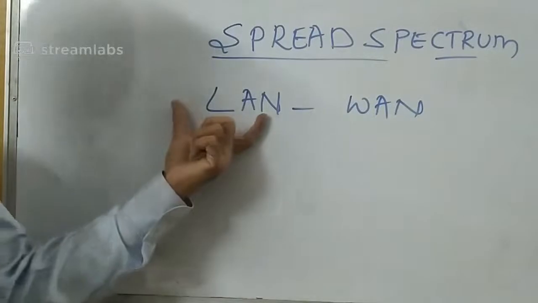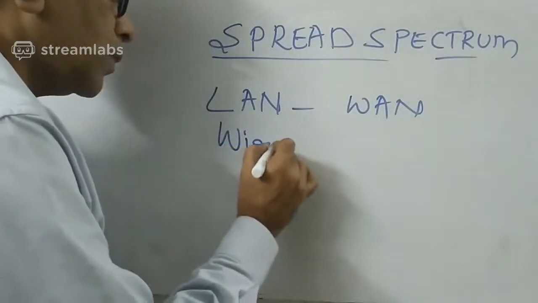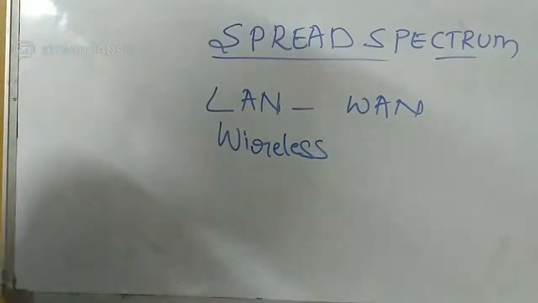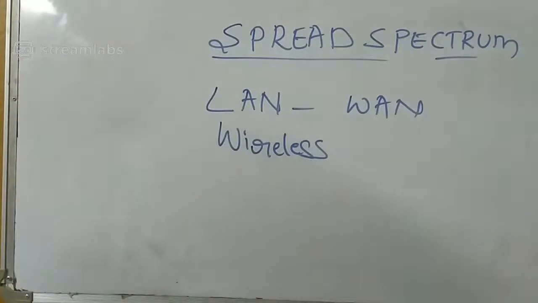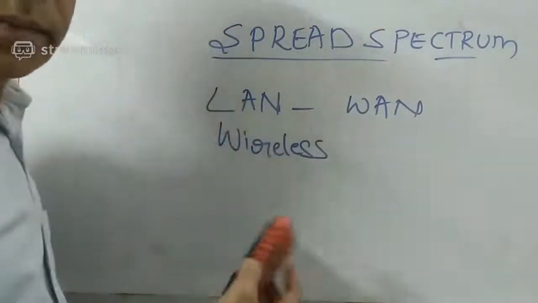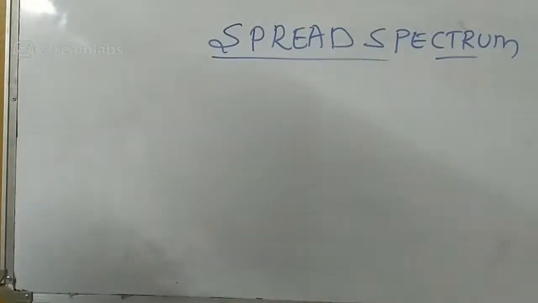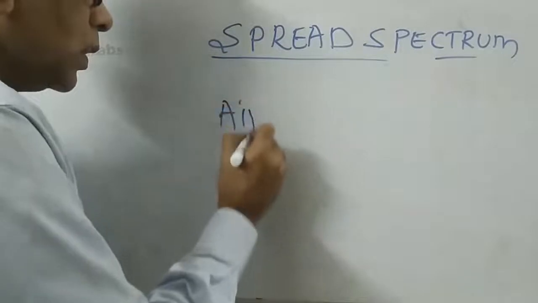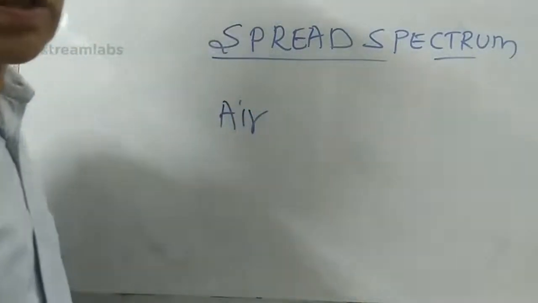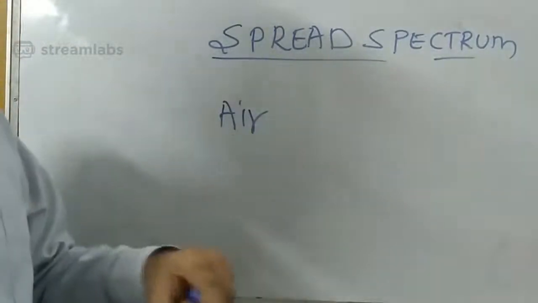When I talk of a local area network working wirelessly, the medium for communication is air. We use air or vacuum as a medium for communication. We don't use any cables over here. That is the reason we call it wireless.